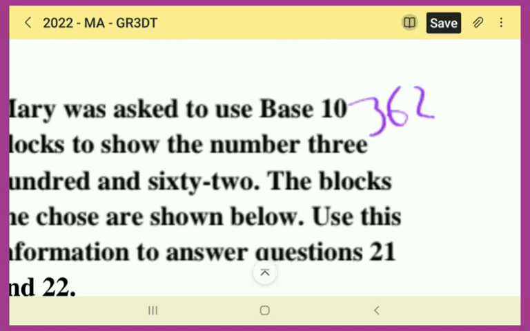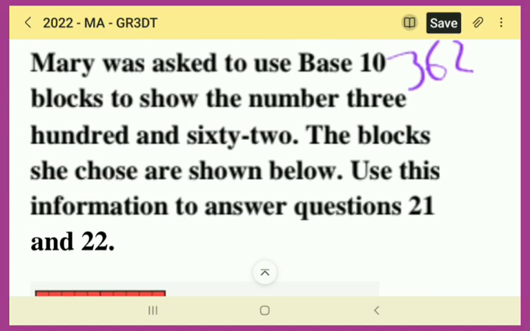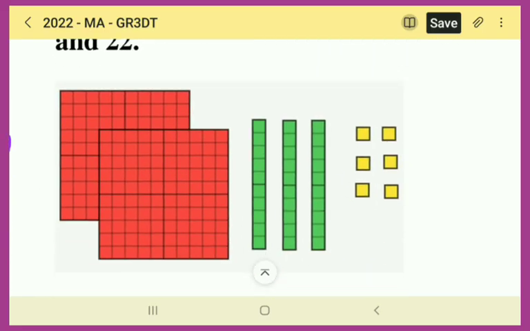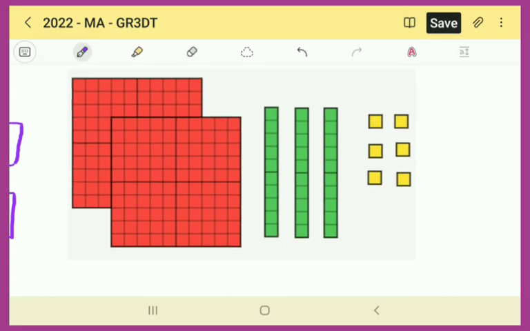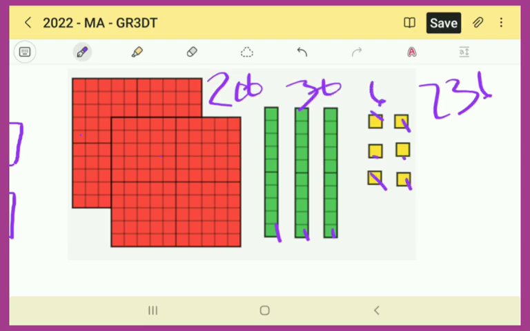All right. So here we have 362, but right here, this is not 300, so we have 100, 100, so this is 200, 10, 20, 30, so this is 200, and this is 30, 1, 2, 3, 4, 5, 6, so it is 236. Let's see what they're asking.